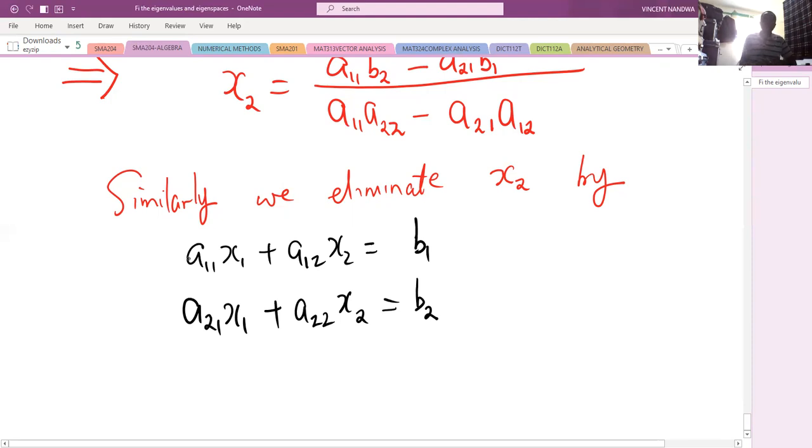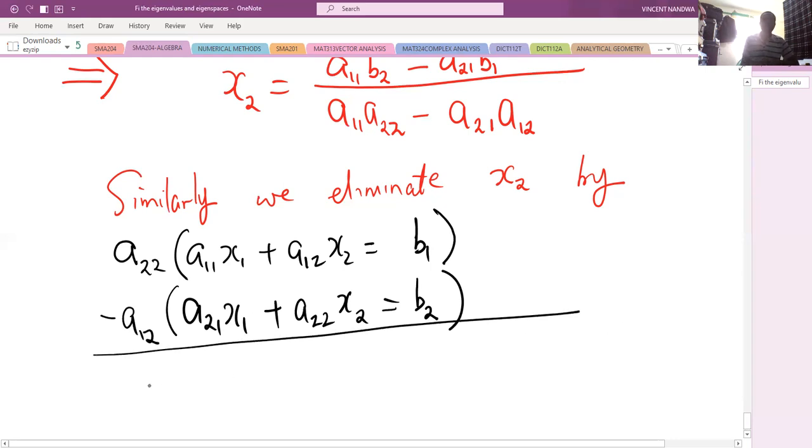So we'll multiply the first equation by positive a22 and the second equation by negative a12.